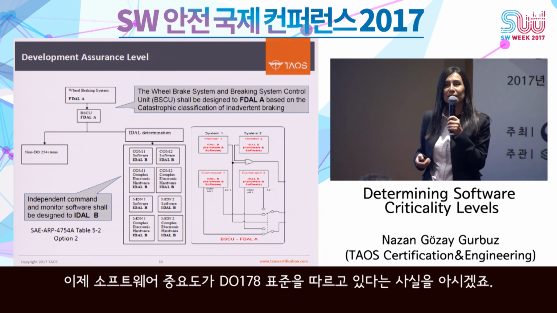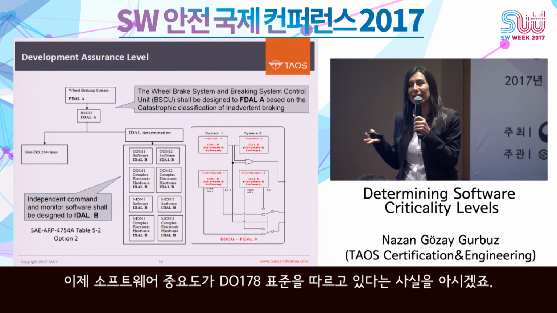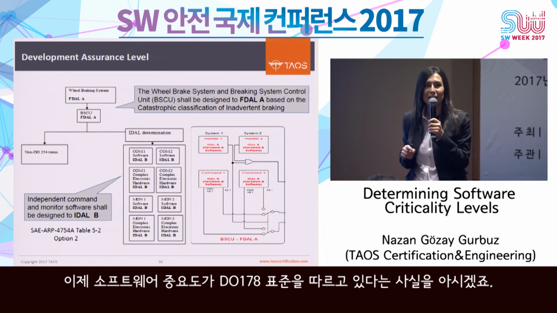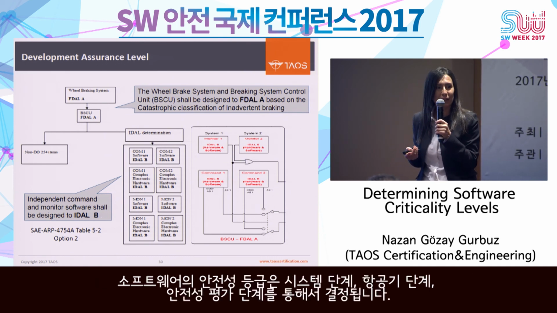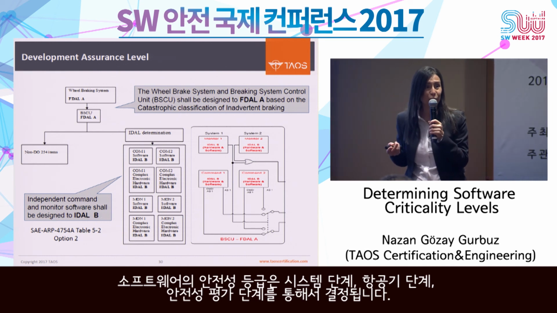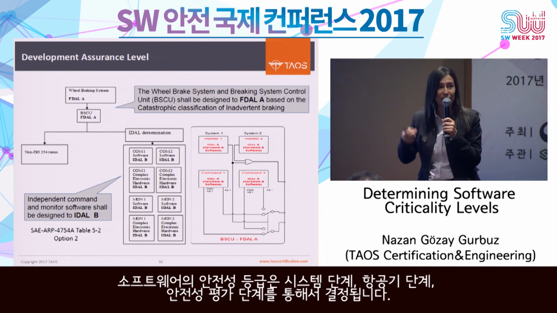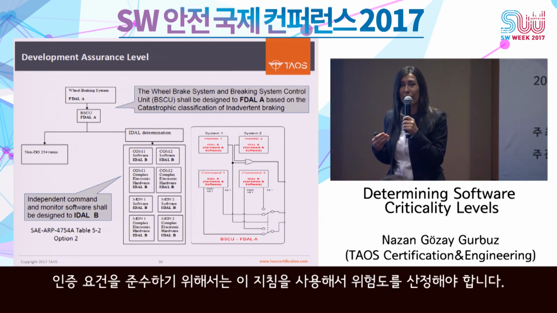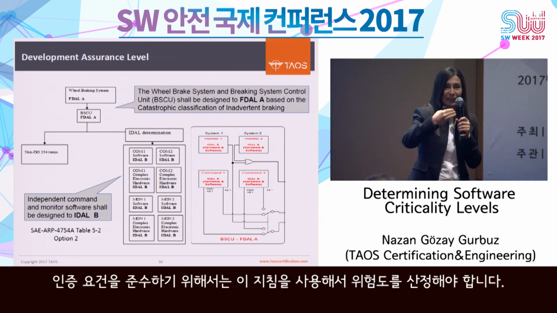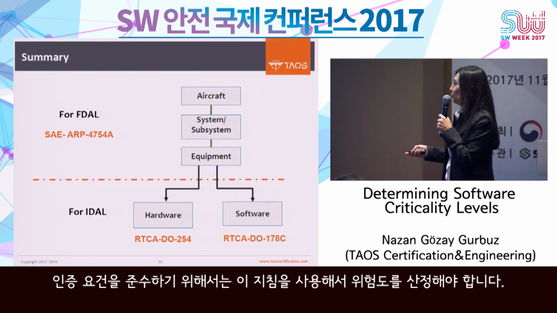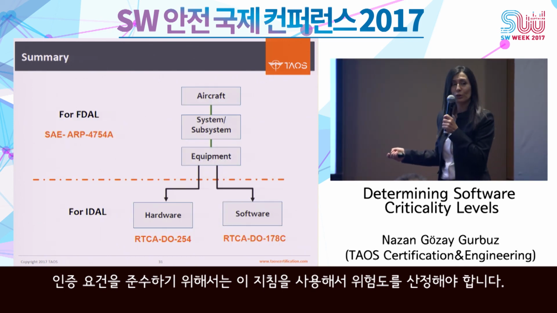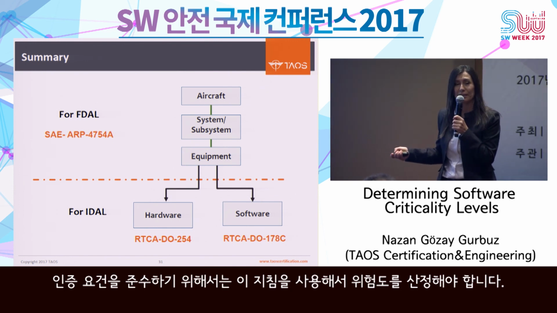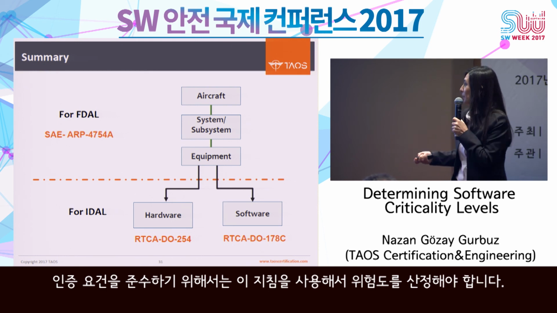Now, you know now that the software criticalities, the DO-178 standards, you're familiar with as software people, where they come from. They come from the system level, the aircraft level. They come from safety assessment. After we assign that criticality, you start using those guidance documents to comply with the certification requirements.